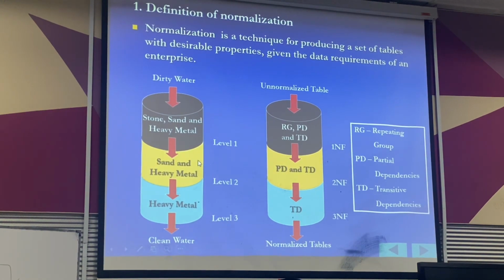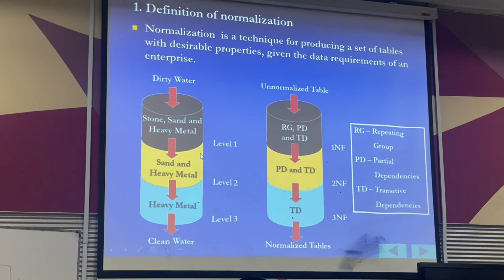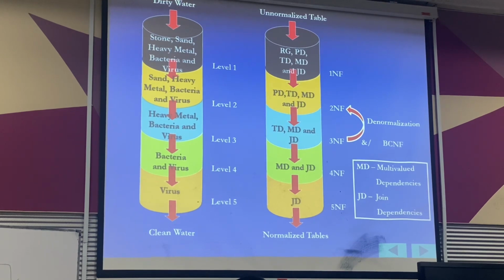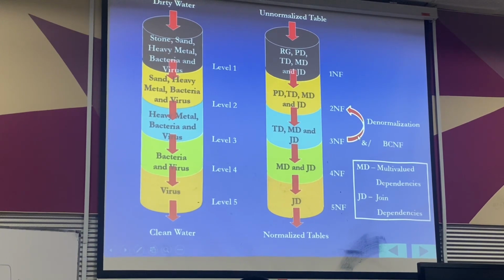Yeah? So this is regarding the third normal form, but in actual there are many multi-value dependency, join dependency, every level. Okay? But I already told you, in third normal form you don't want to break down to second normal form, that becomes denormalization. That means our table stays in the second normal form. But you don't tell me, so why do one, second normal form to 1? They don't need to do any normalization.